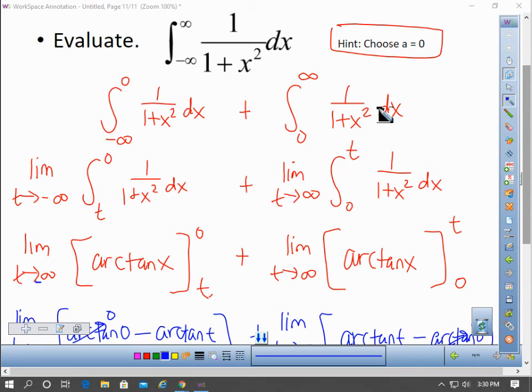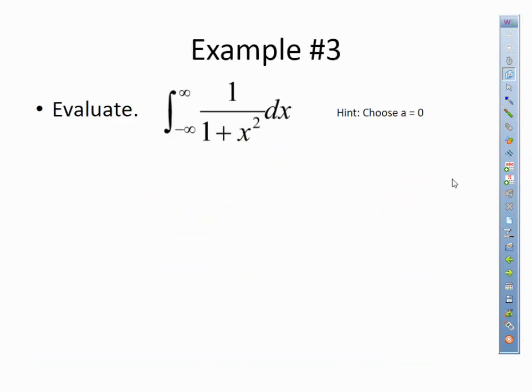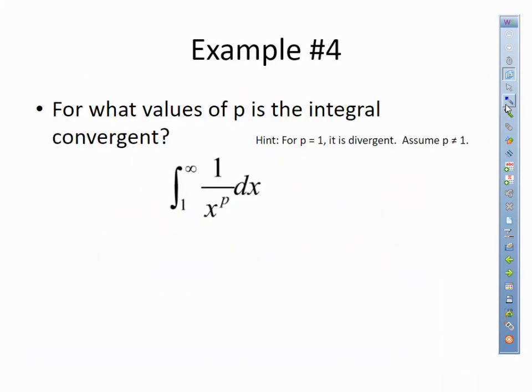Then you do the antiderivative, the fundamental theorem, and then evaluate the limit by substituting in the t and figuring out the answers for each part. If you can actually get a numerical answer, then it converges. If you get infinity or negative infinity, then it diverges because your answer doesn't exist.